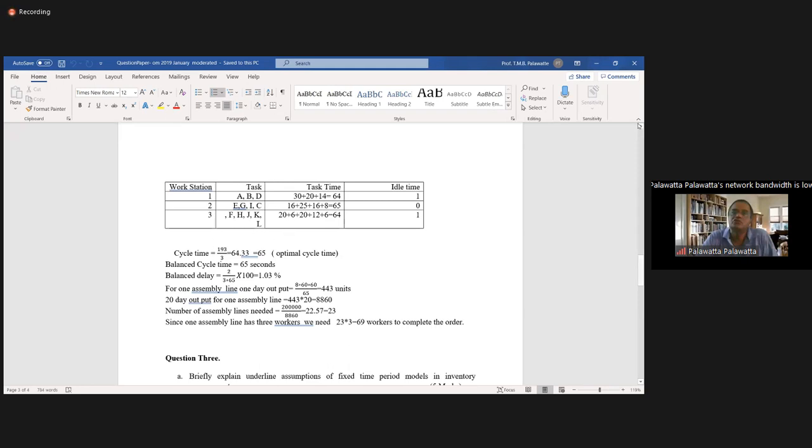I have created the perfect answer. Remember, what you are not allowed is only to violate the precedence. Here there is nothing about allocation rules like most number of following tasks or longest operation time.